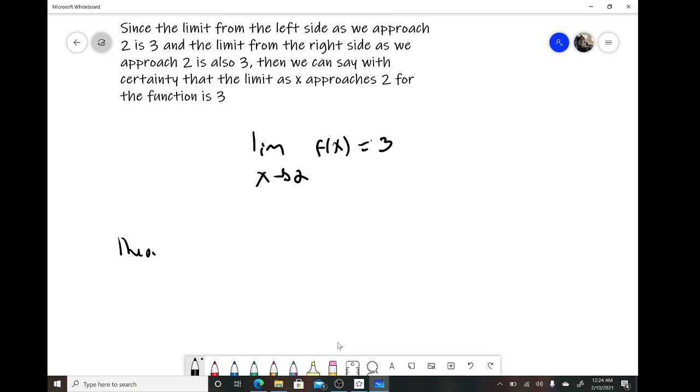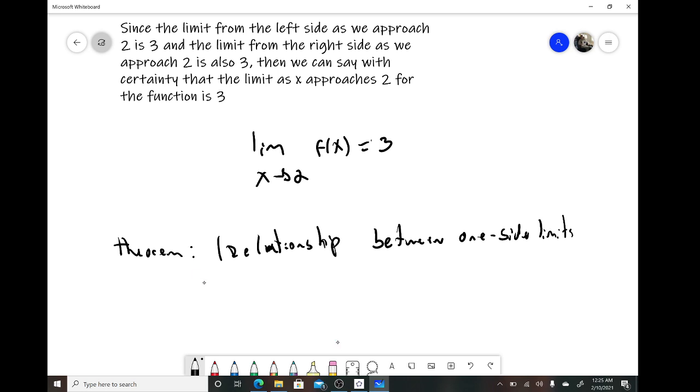This is a theorem which I will not prove, at least not yet. It basically tells you the relationship between one-sided limits and two-sided limits.